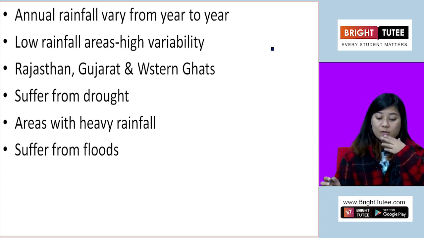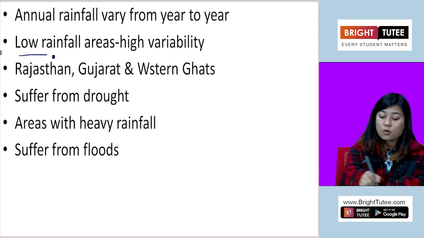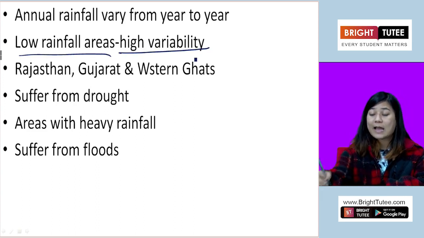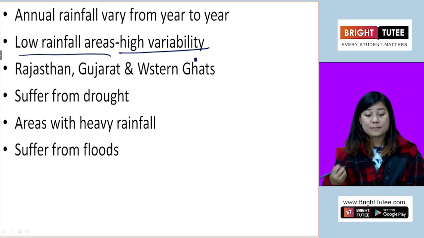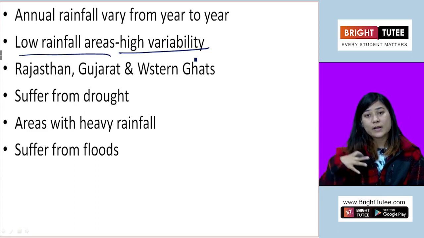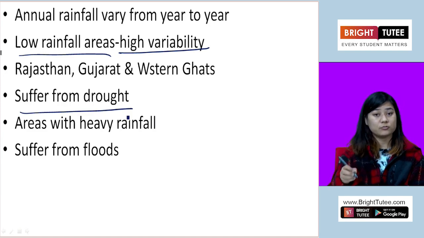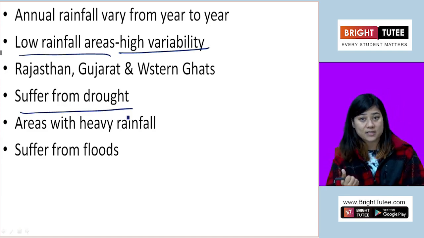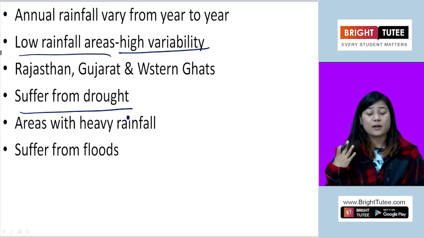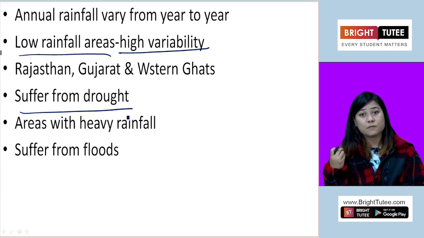Now, the areas which receive low rainfall have very high variability. That means the low rainfall areas are prone to suffer from drought. They face famines. They are sufferers of droughts.